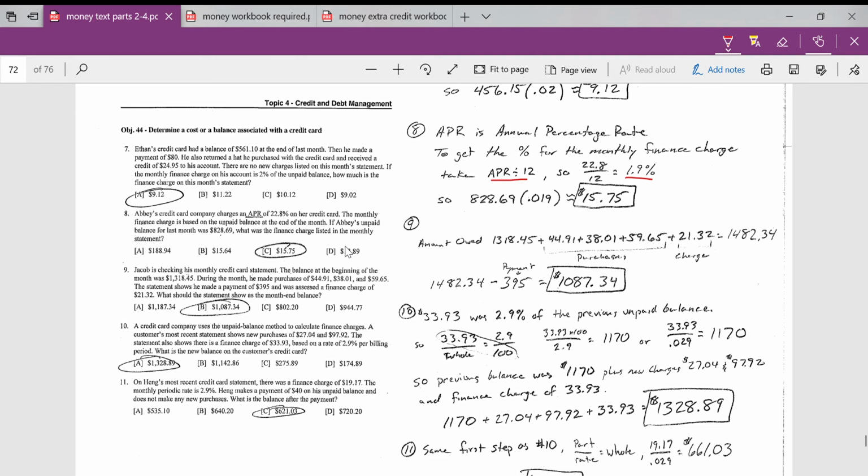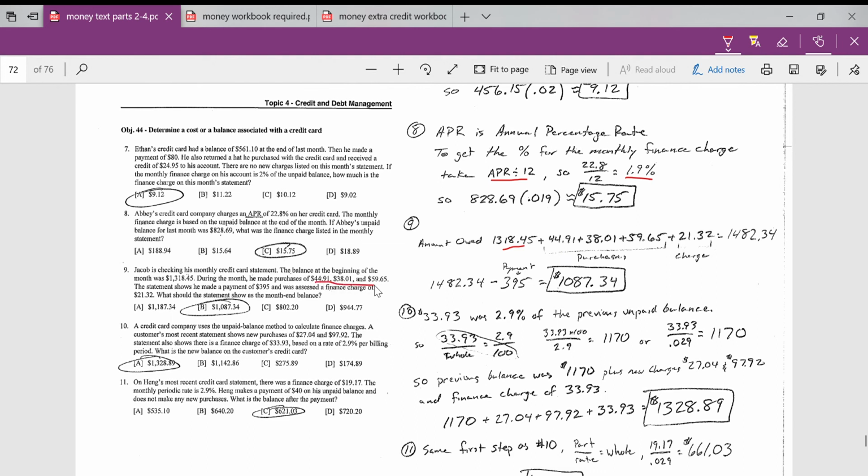Okay, so he gets his balance at the beginning of the month, which is here. Now he made 3 purchases, not payments, purchases. That's going to add to the amount he owes. So these are the amounts right from the problem.